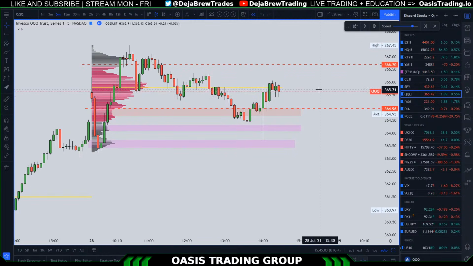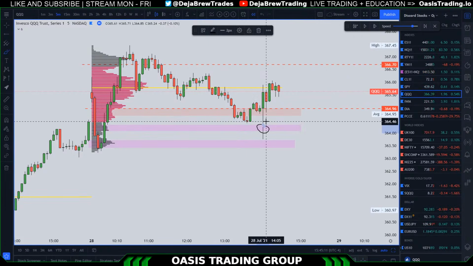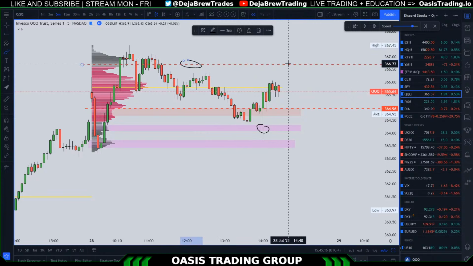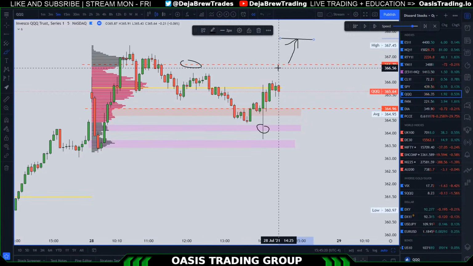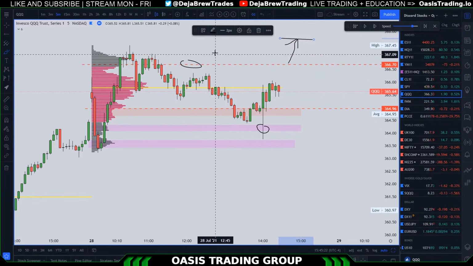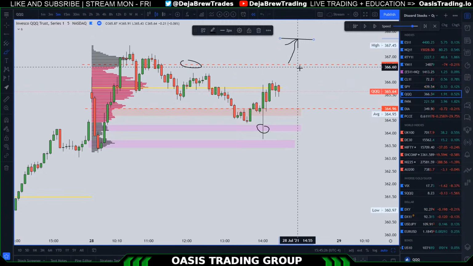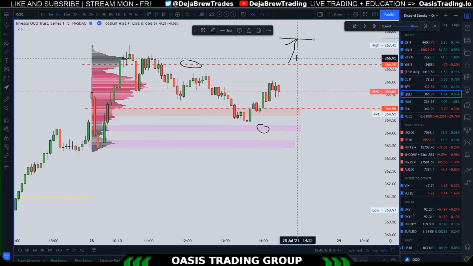And always remember, guys, the value area is going to be constantly shifting. So when you enter your trade, let's say we entered down here and we marked our value area high. And then let's say the value area high shifts up here. You want to be focusing on the value area high when you entered your trade. Now, if you want to be greedy and the value area high shifted higher, then yes, you could go for that value area high.